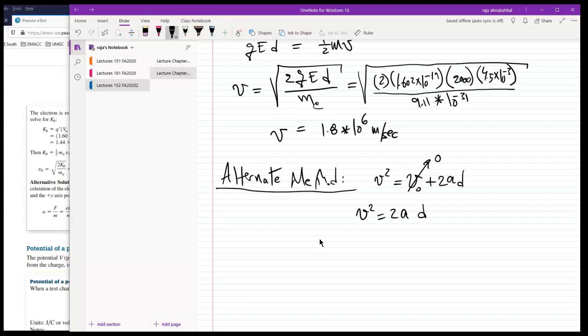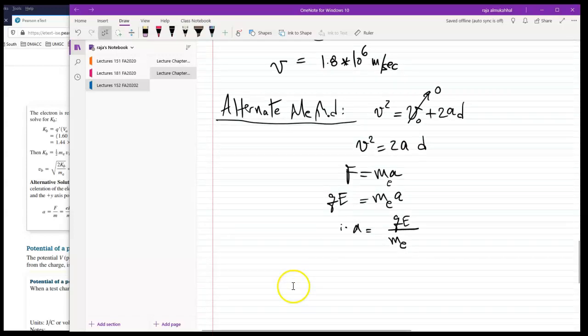Well, I have D, no problem. So what is A? A is acceleration. How do I find acceleration? One way is to say F equals ma, m here being the mass of the electron. F here is the Coulombic force, which is QE. So QE equals the mass of the electron times A. Therefore, A is equal to QE over M sub E. I take that and plug it back into this equation right here.